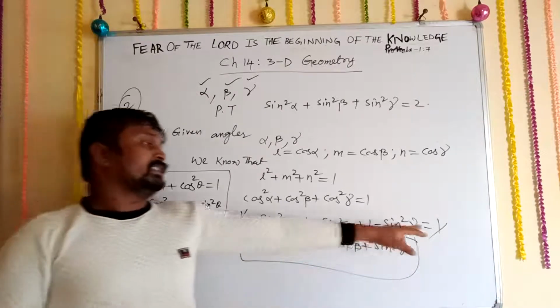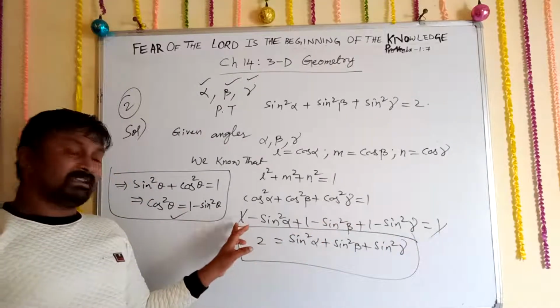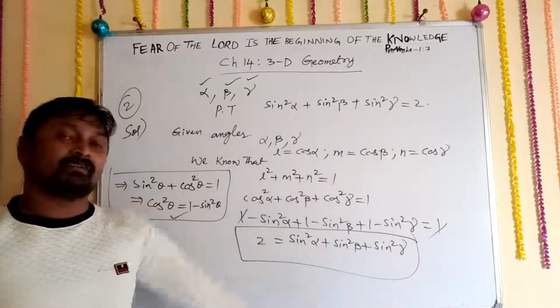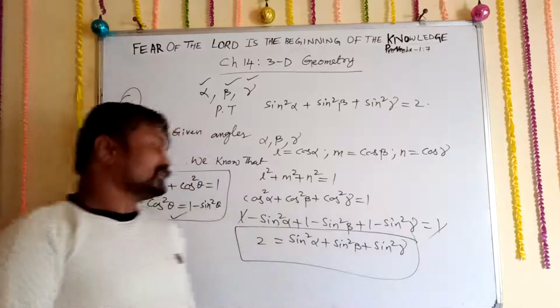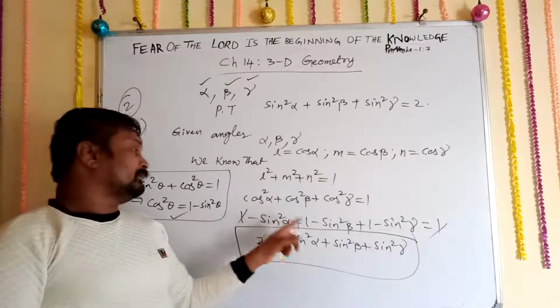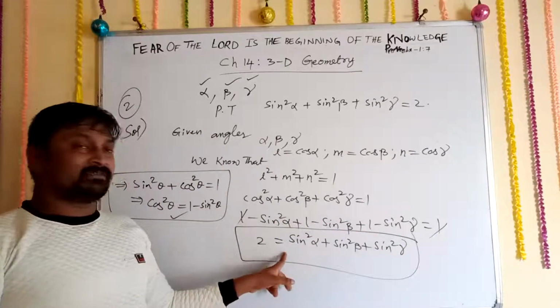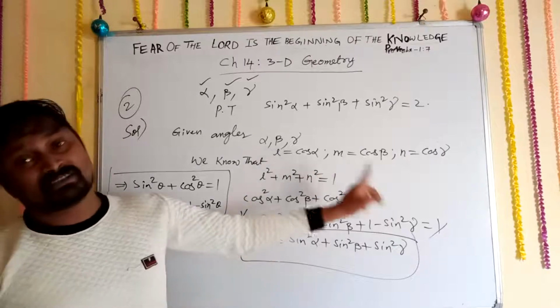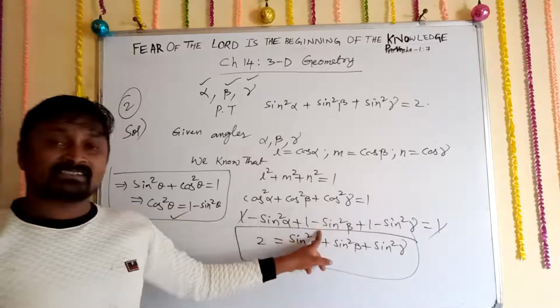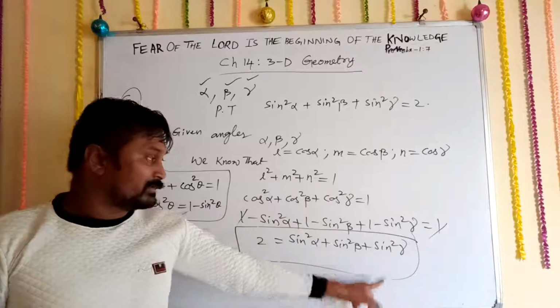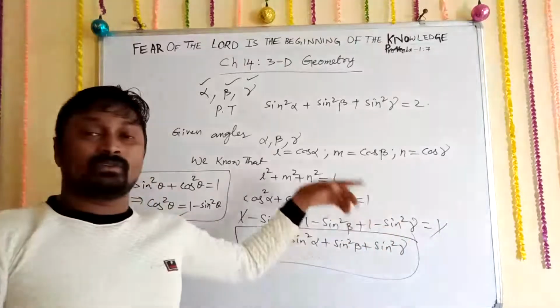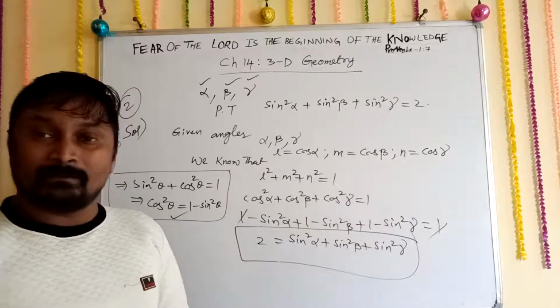Then 1 and 1 get cancelled, because plus 1 goes to that side as minus 1. That was the reason both are cancelled. After cancelling, 1 plus 1 is nothing but 2 is equal to minus sin square alpha, go to that side plus sin square alpha, minus sin square beta, go to that side plus sin square beta, minus sin square gamma, go to that side plus sin square gamma.